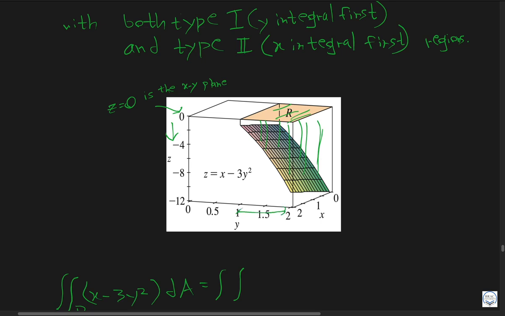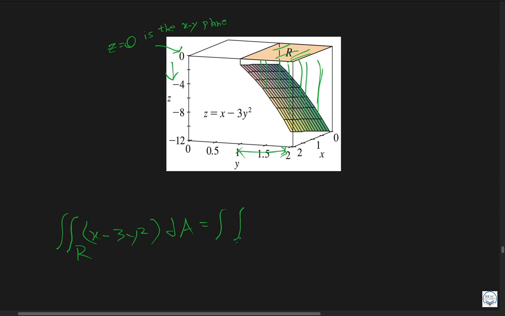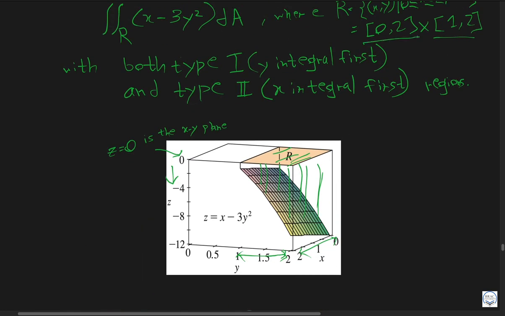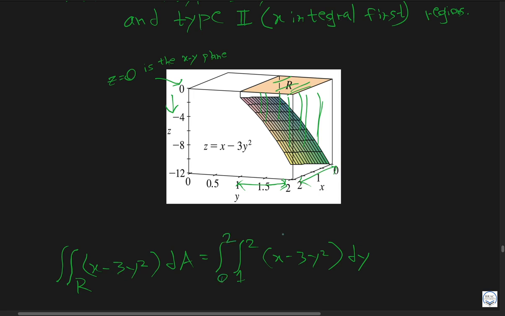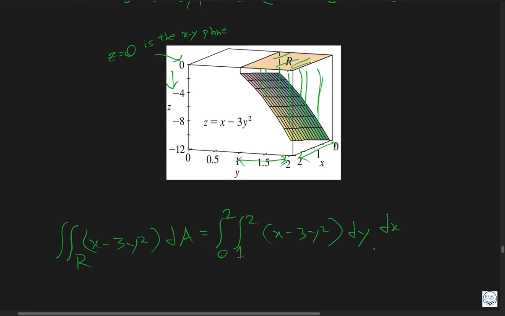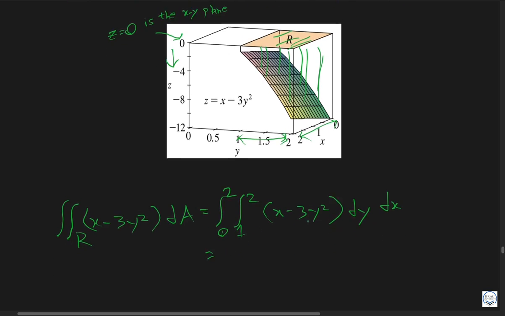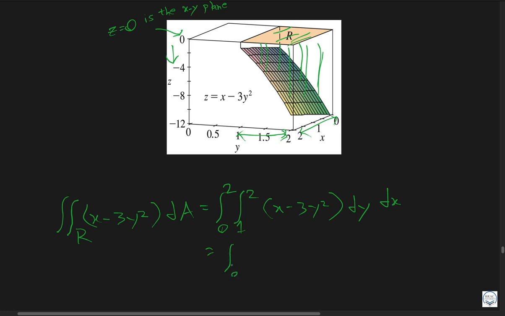Now this region has the y bounds, 1 and 2, so y varies from 1 to 2. x minus 3y squared dy, and x varies from 0 to 2, also written here. As this is a type 1 region, we have to do the y integral first.